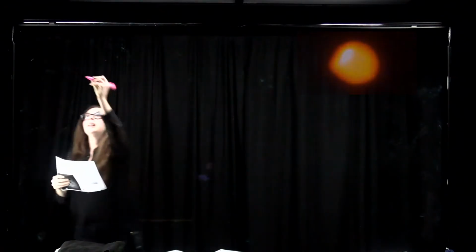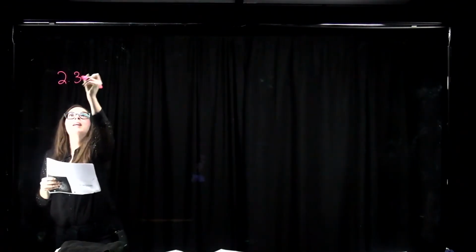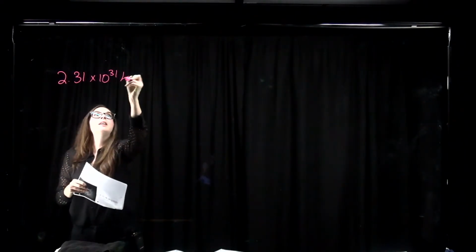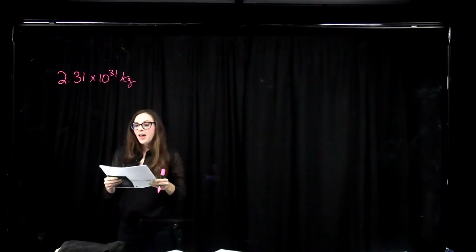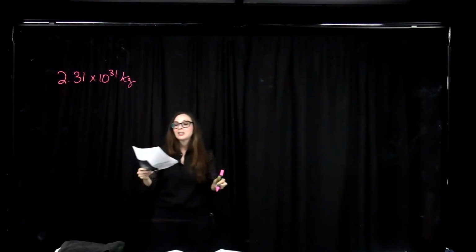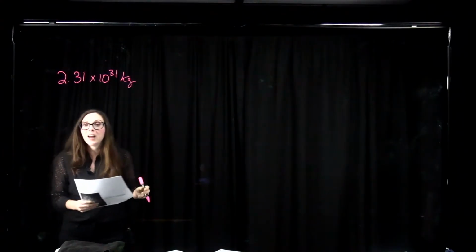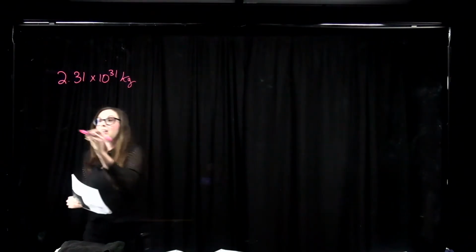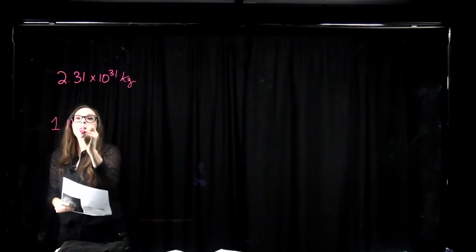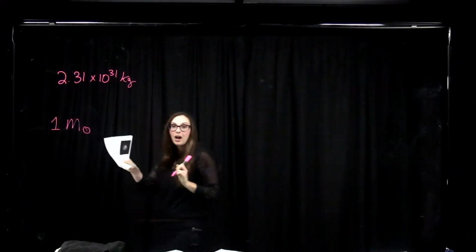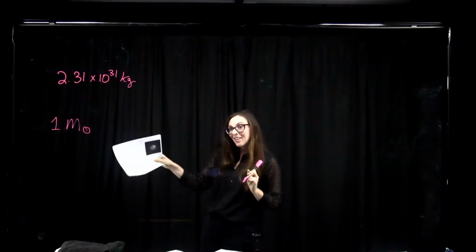In any case, Betelgeuse's mass is 2.31 times 10 to the 31 kilograms. Okay? And we want to calculate its mass in terms of solar masses. Now, often we compare the sizes of stars to the size of our own sun, and one solar mass, which I'm going to represent as an M with a circle with a dot, that circle with the dot represents the fact that we're talking about the sun.